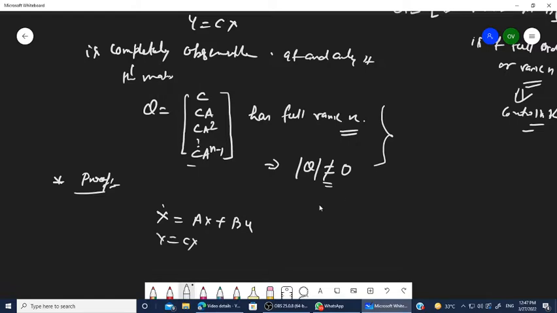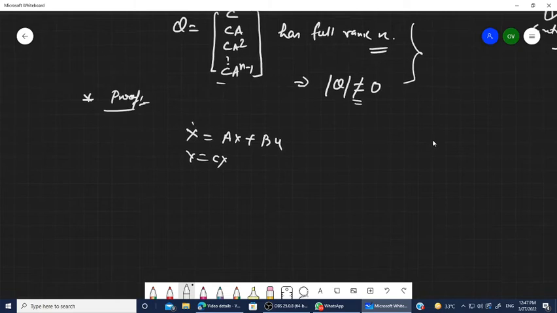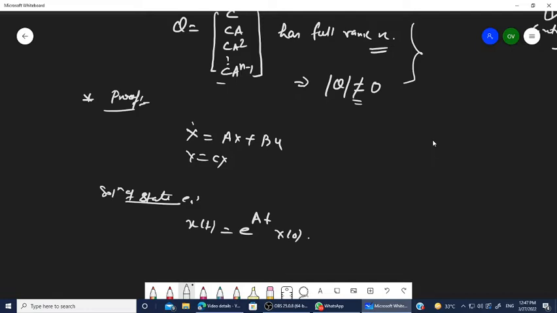The solution of the state equation is very simple: x(t) equals e to the power At x0 plus the integral from 0 to t of e to the power A(t minus tau) Bu(tau) d tau.